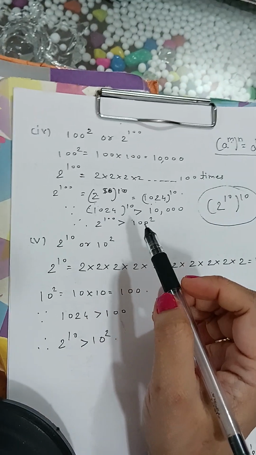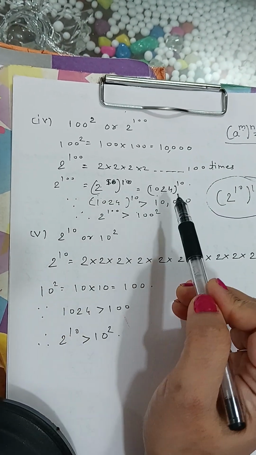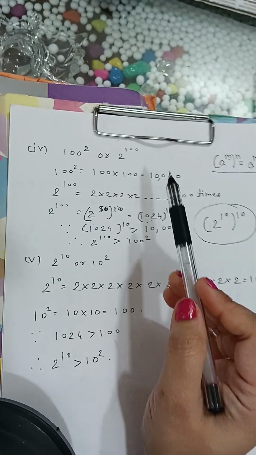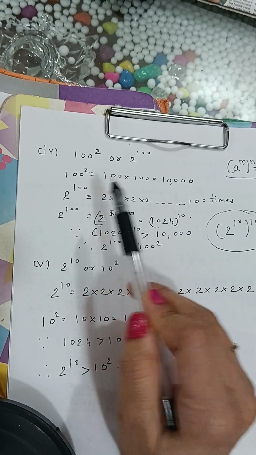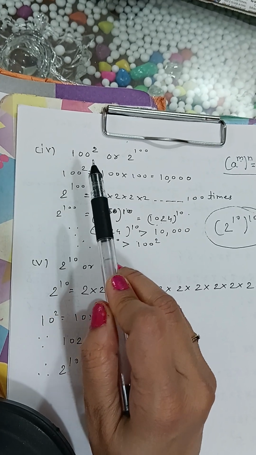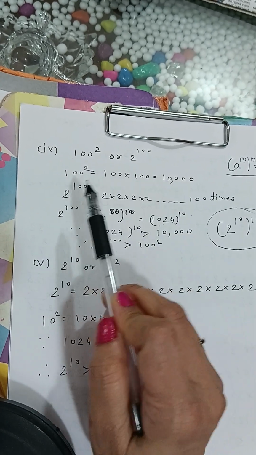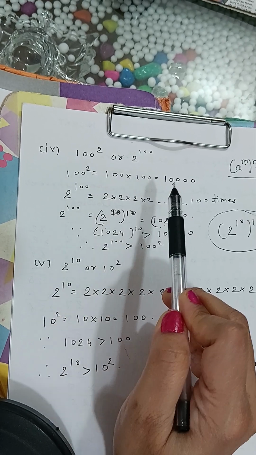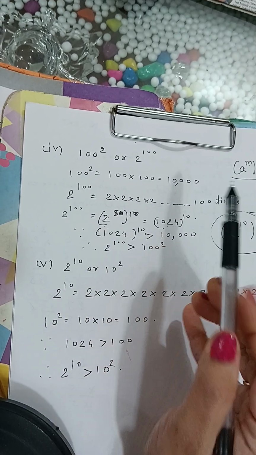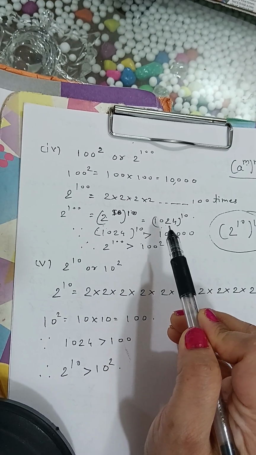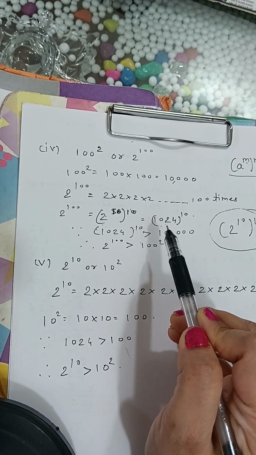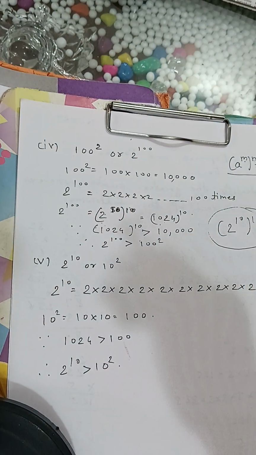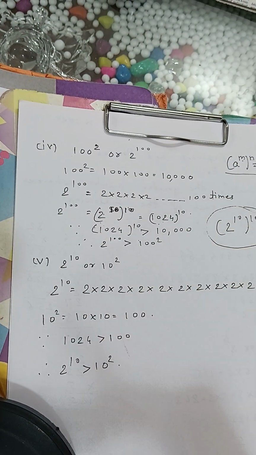Now we have to find out whether 1024 raised to the power 10 is greater, or this 10,000 is greater. You can see 100 to the power 2, you have got this answer. 100 is a 3-digit number, and if you multiply 100 two times, you have got 10,000, which is a 4-digit number. 1024 is a 4-digit number, and if you are multiplying a 4-digit number 10 times, it's quite natural the answer will be more.